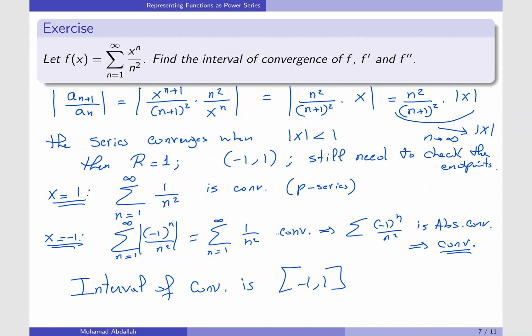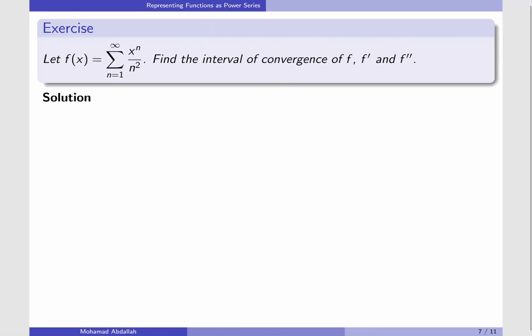Now I need to find f prime and f double prime. So for f prime of x, this is the derivative with respect to x of the summation from n equal 1 to infinity of x to the n over n squared. And we mentioned that we can interchange this. That's going to be the sum from n equal 1 to infinity of d over dx of x to the n over n squared.